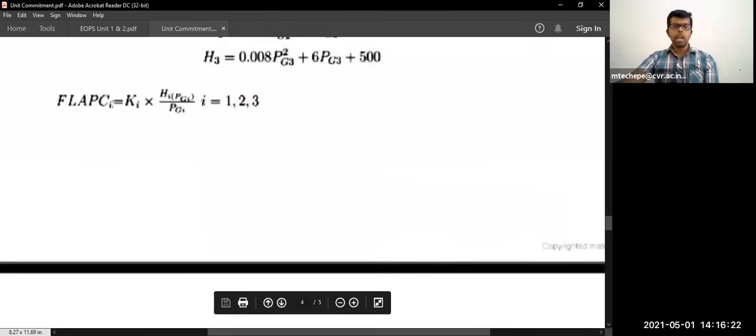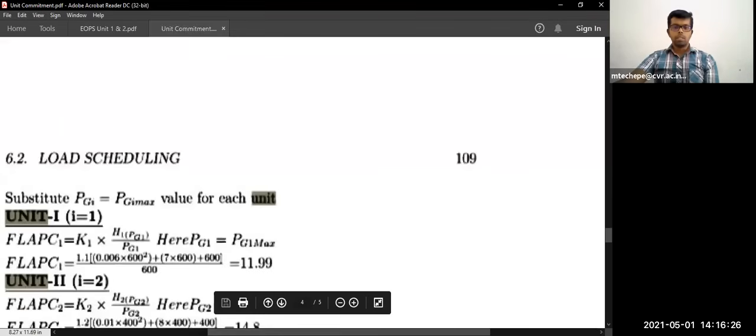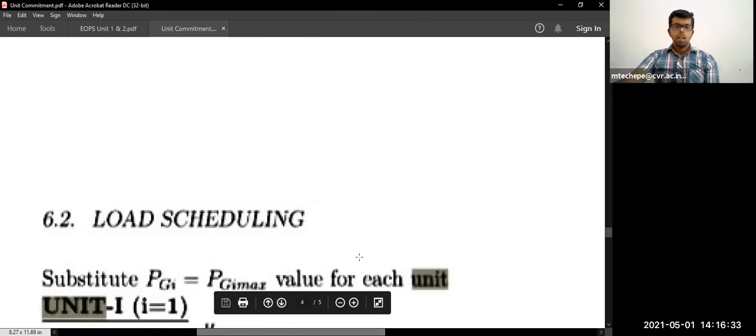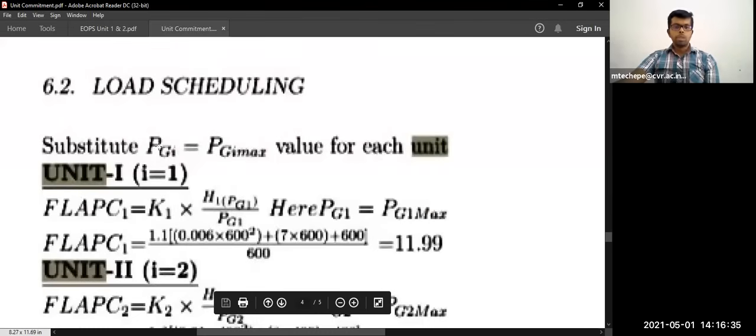So we have to substitute i is equal to 1 here, so FLAPC of unit 1. While substituting, we substitute PGi equal to PGi maximum for each unit.